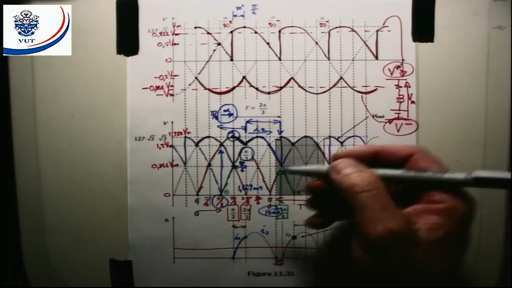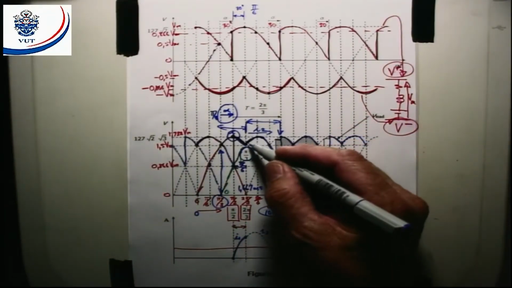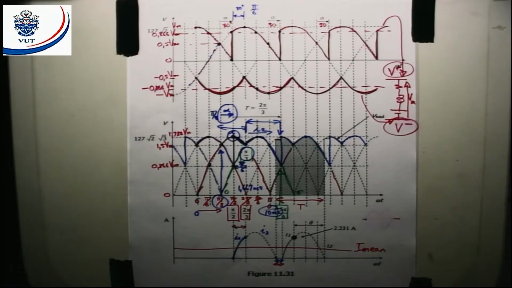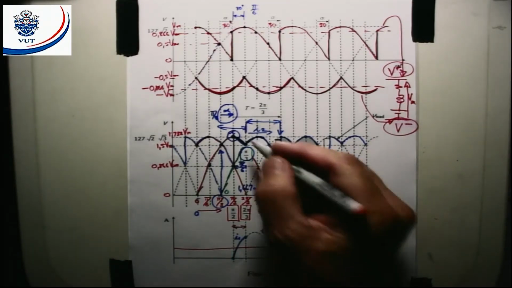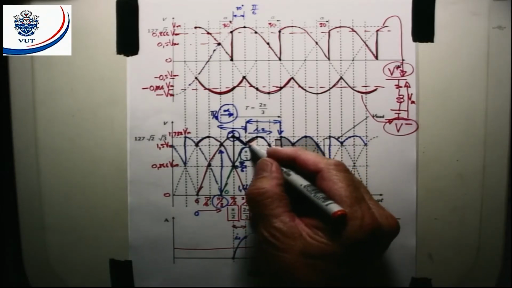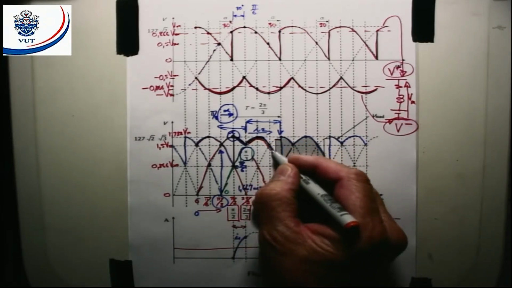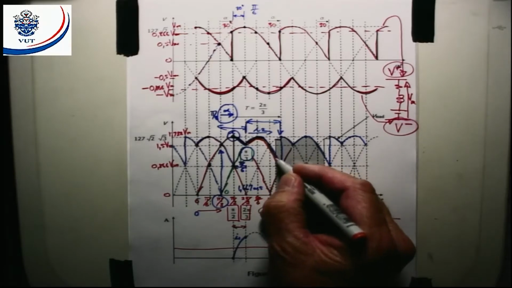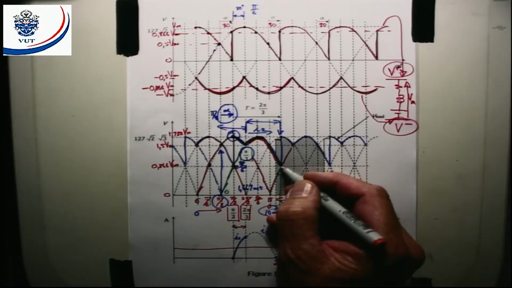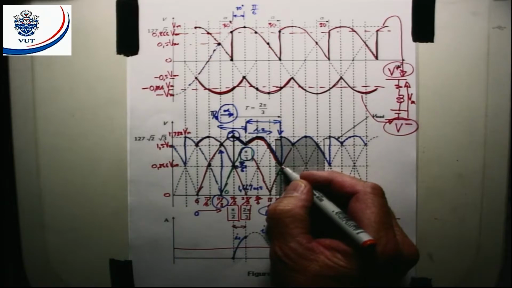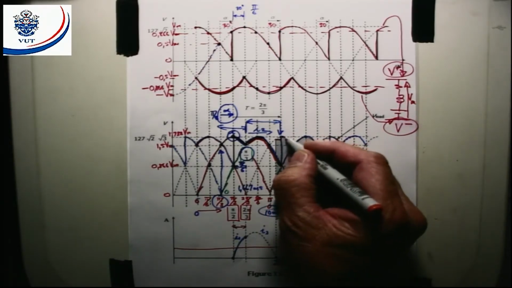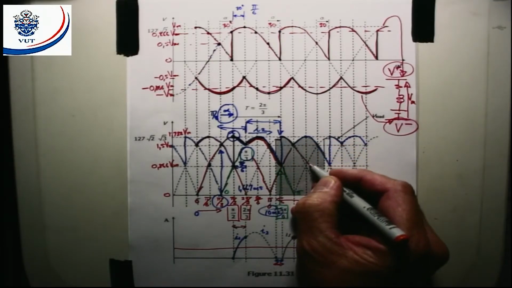If I go on this, maybe I can get another color. I'm now busy with this phase here. This phase is going to carry on until that point. That's the longest it can go. After alpha, I'm going to switch over to the next phase, that one there.